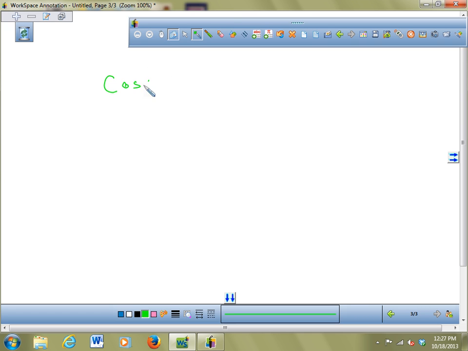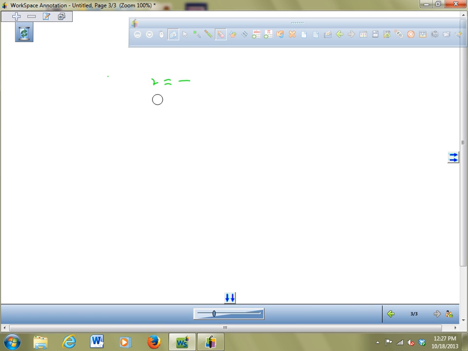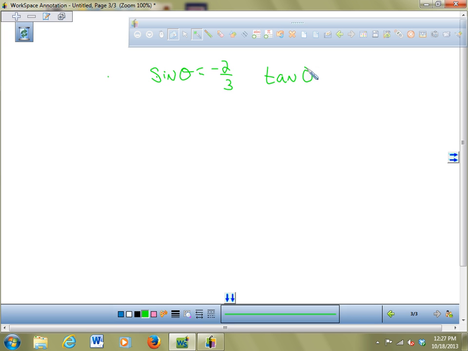Cosine of theta equals negative, oh, whoops, sorry, wrong problem. I gave you the answer. I said sine of theta equals negative 2/3. You'll see some problems that look like this. And tangent of theta is greater than 0.